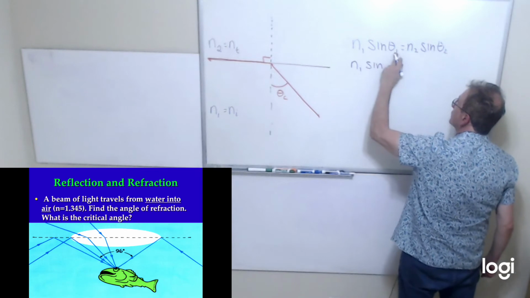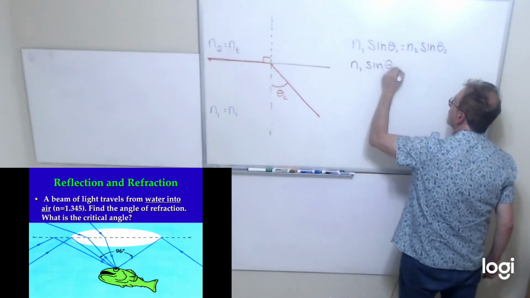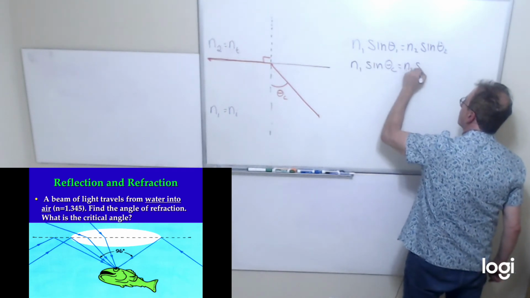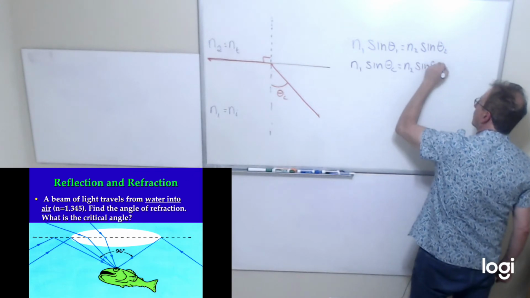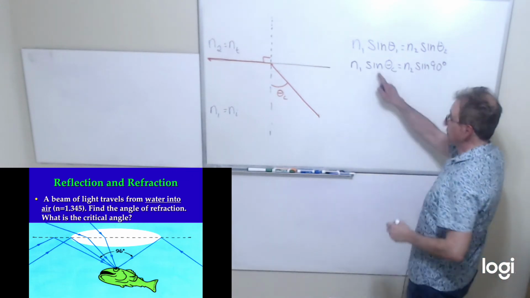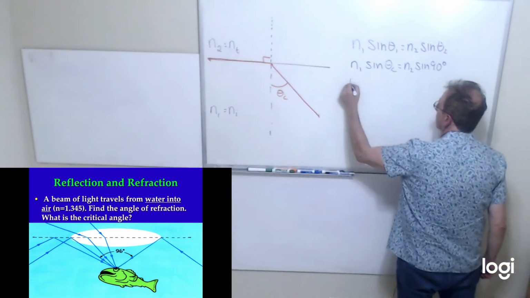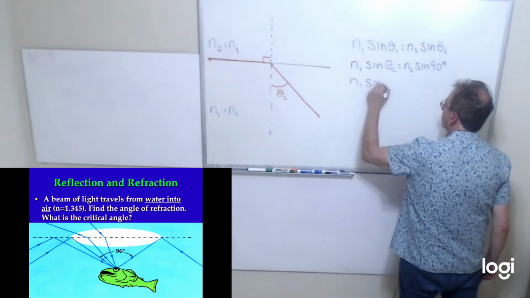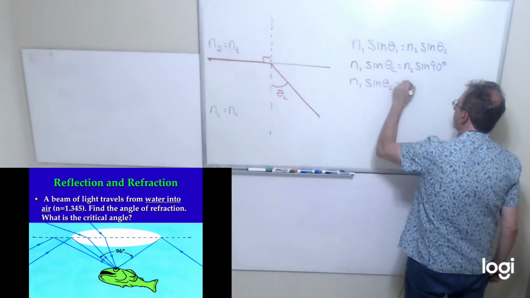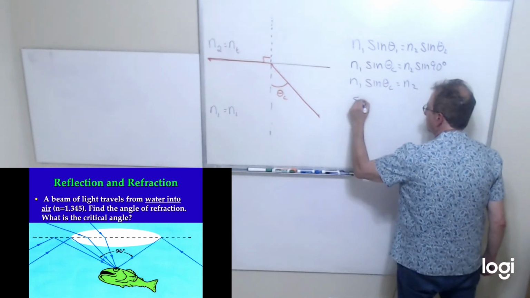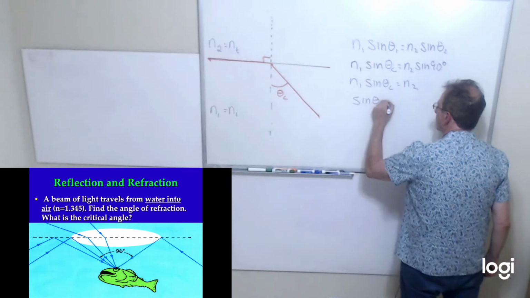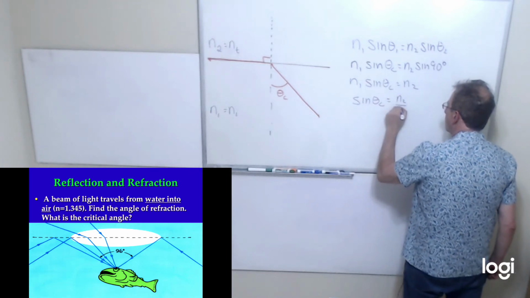And I'm also going to substitute theta critical. My goal is to solve for this angle. The sine of 90 is 1. And so sine of theta c is N2 over N1.